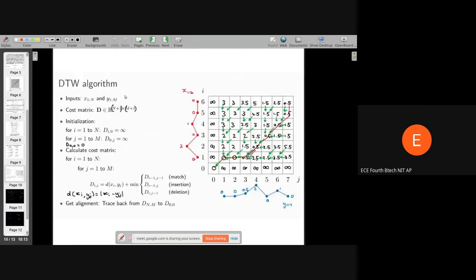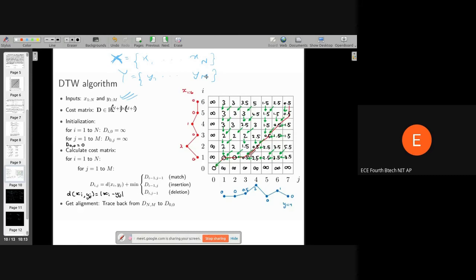So you have this x, or you should write it as a matrix now. So x1 to xn, y1 to ym. You extract the features frame by frame, you get two unequal sequences.